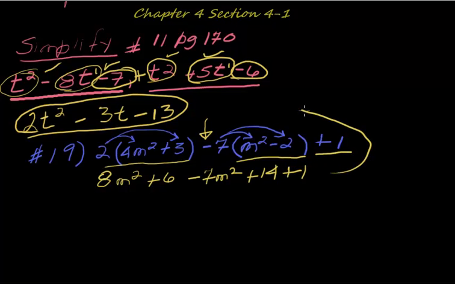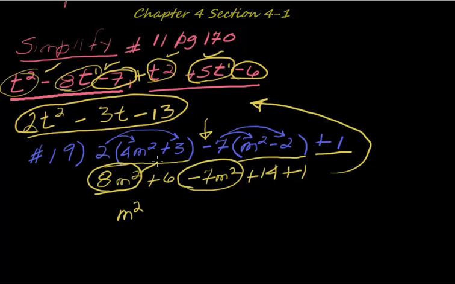Very similar to what we did up here, now we combine like terms in descending order of degree. Look at the first ones here. We have second degree and second degree. We have positive 8m squared plus a negative 7m squared. That results in 1m squared, and we traditionally do not write the 1.